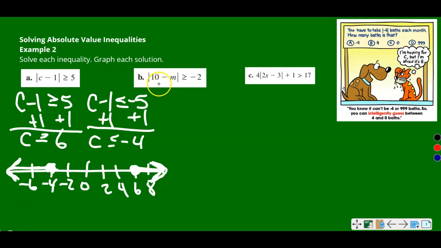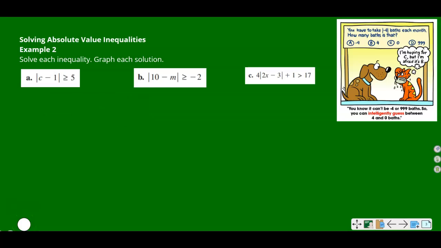The next one says the absolute value of 10 minus m greater than or equal to negative 2. Again, if you want to take notes, pause this. I'm going to erase part A so I have more room to work part B. Because this is a negative number and this side is an absolute value, remember what the definition of absolute value is: basically distance from 0, and distance cannot be a negative number.